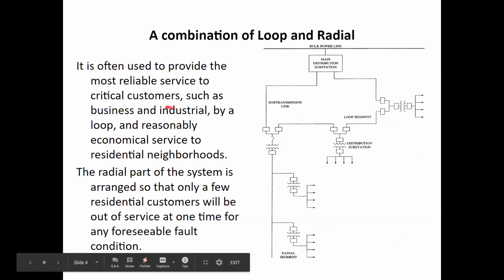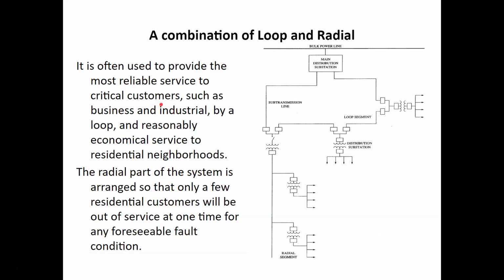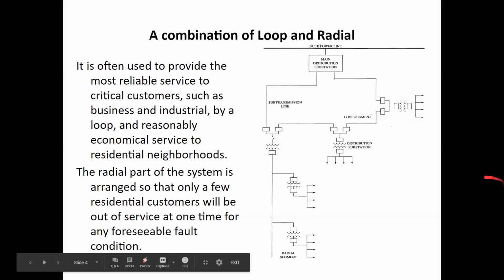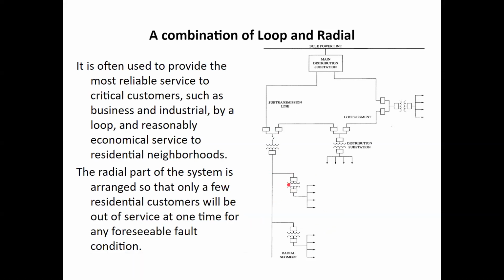What we will do is, for the critical customers like industries, hospitals, or big shopping malls or colleges, this type of big loads, high level loads, are supplied using the loop system, and residential customers, these non-critical loads, will be supplied with the help of a radial system, so that you can improve the overall reliability.